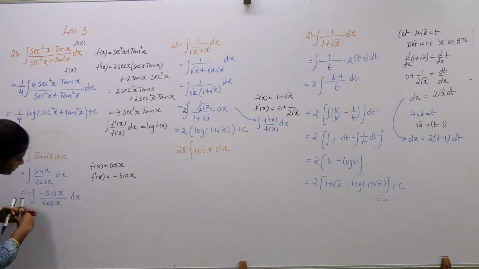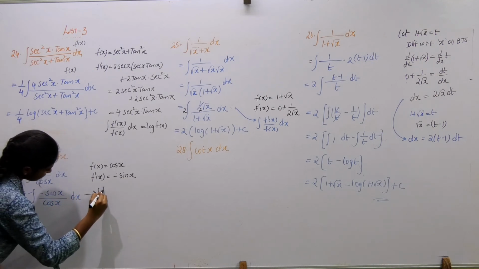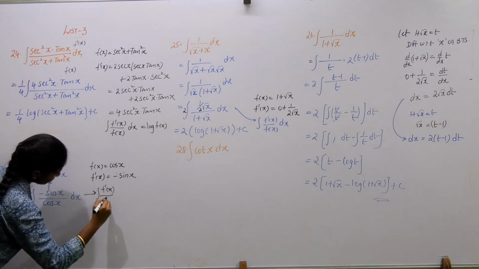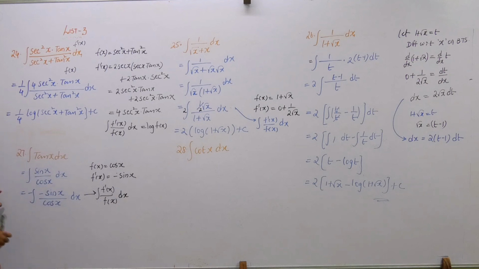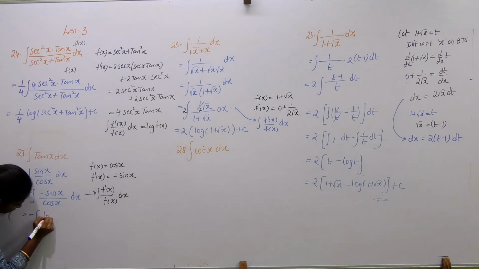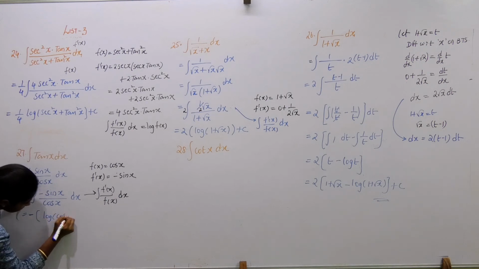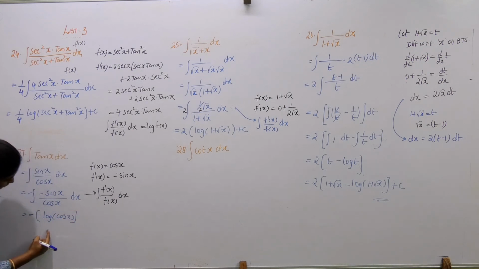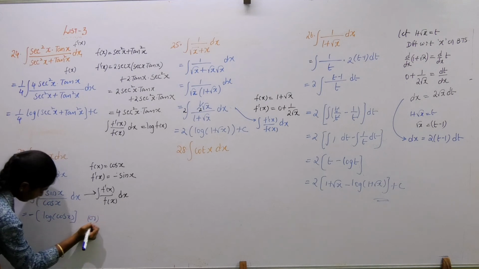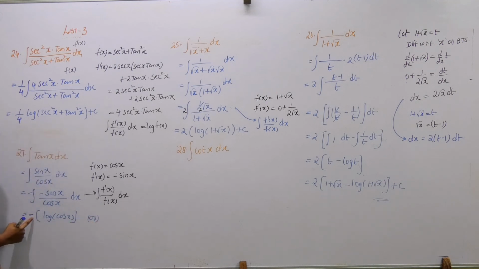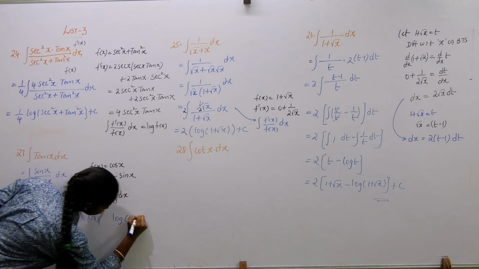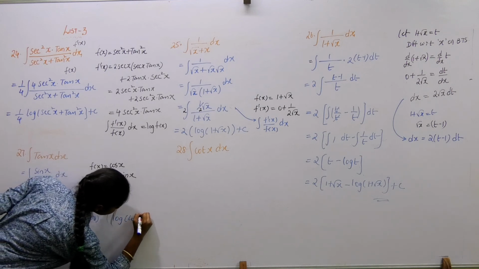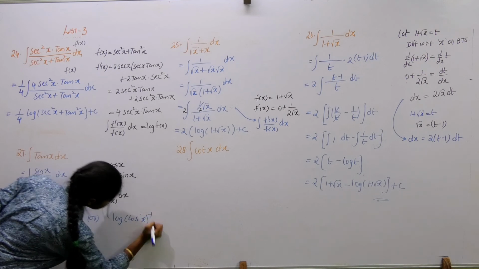dx. Now this is in the form of integral f dash of x by f of x dx. It is equal to log of f of x. It is equal to minus log of f of x, which is cos x. We can write this minus symbol here, that becomes log of cos x inverse.